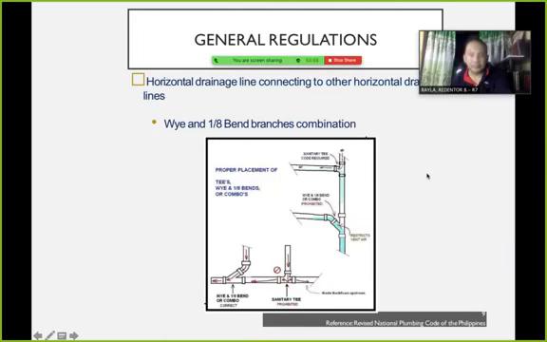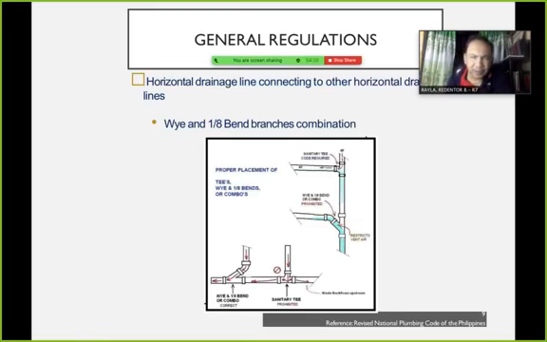So next, horizontal drainage line connecting to another. So here, horizontal and horizontal. So this does not show the double, no? YT. So this one, code requirement.